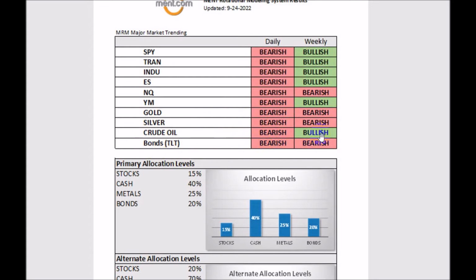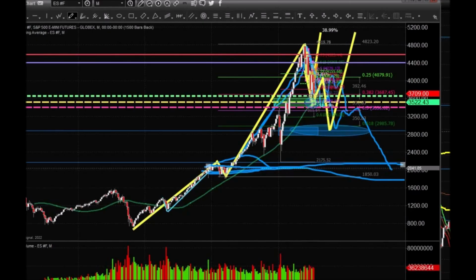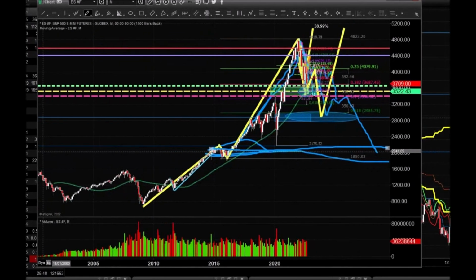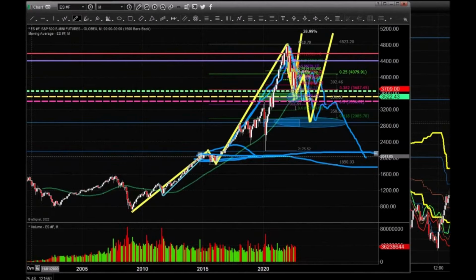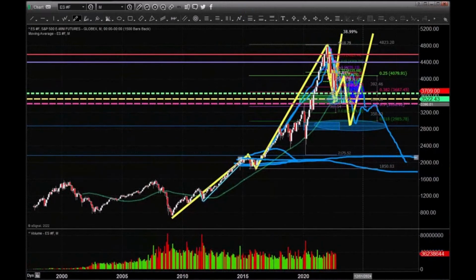Now, we're not changing anything with our allocation levels. We're holding everything just like I mentioned to you. The markets are holding up in a very interesting form. We have that excess phase peak type pattern, which you may be able to see right here. Sorry, you're seeing a bit more of my screen than normal, but we just went over this and highlighted this excess phase peak and how critical these low levels are, these lines.